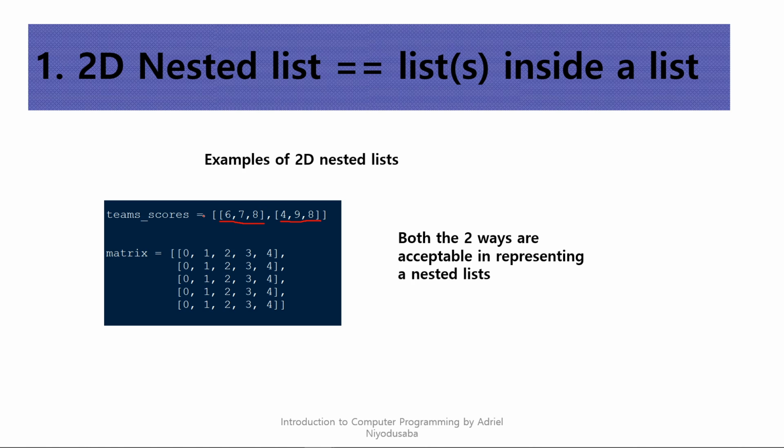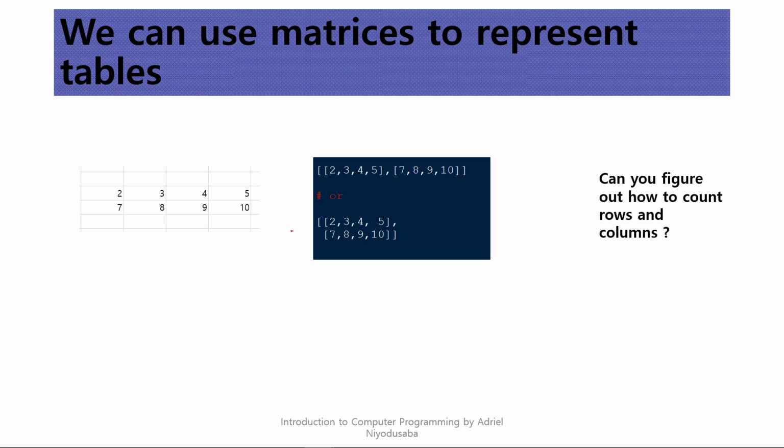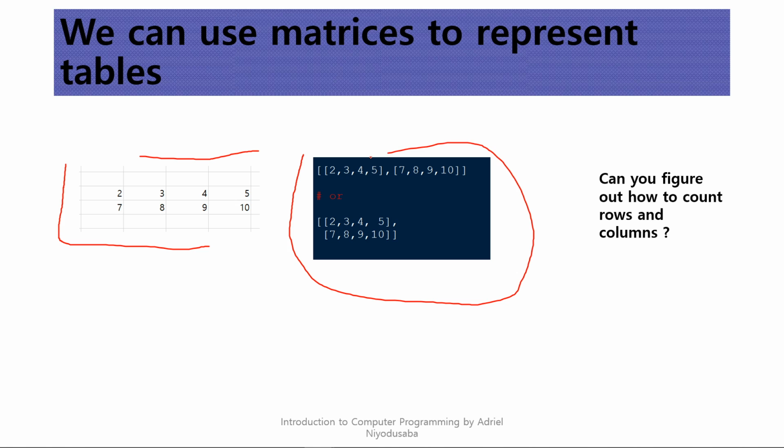So notice that we can represent it in this way or this approach, which is not different except that we are simply breaking a line after every list item to increase the visibility. So both ways are acceptable. And we can use matrices to represent tables. This table here, which is how it looks like in Excel, can be represented in this way in our computer programs.